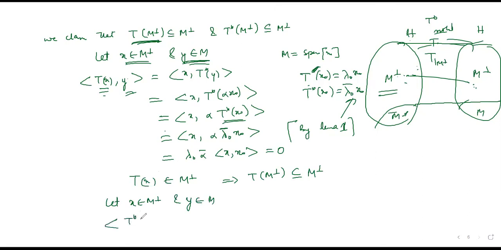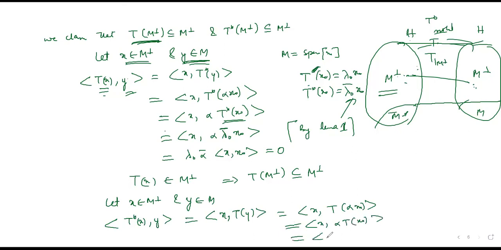So you take T star यहाँ पे, <T star X, Y> then would be equal to <X, T of Y>. अब चूंकि ये M में है, so that would be <X, T of some alpha X naught> for some alpha belonging to C, that would be equal to <X, alpha bar T of X naught>. अब चूंकि इसका eigenvalue है, so this would be <X, alpha lambda naught X naught>, that would be of course alpha bar lambda naught bar. तो अंदर बचेगा <X, X naught>, क्योंकि X M perp में है, X naught M में है.